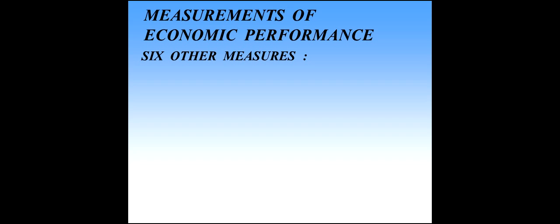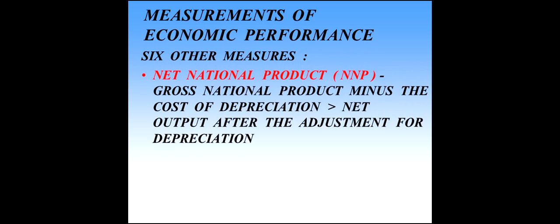We've just looked at gross national product, which is really in many ways a subset of GDP. So the next one that I'm going to tell you about is a subset of GNP, and that measure is net national product, NNP. It is the gross national product, GNP, minus that cost of depreciation that I spoke about a few moments ago. In other words, it's net output after the adjustment for depreciation.